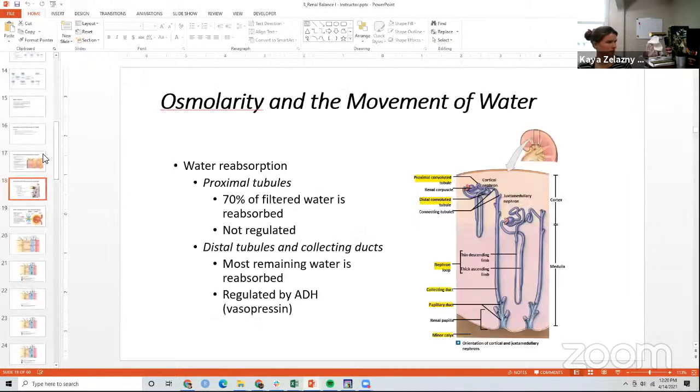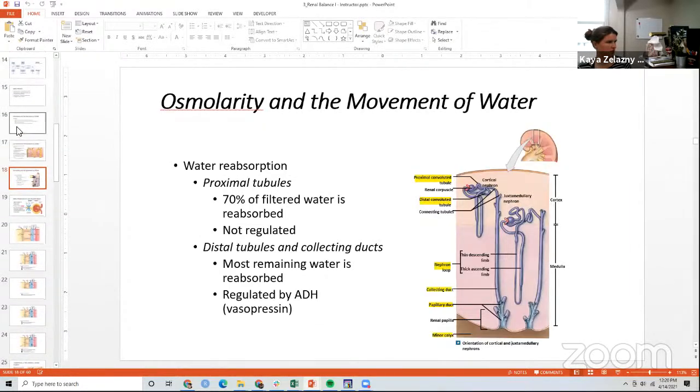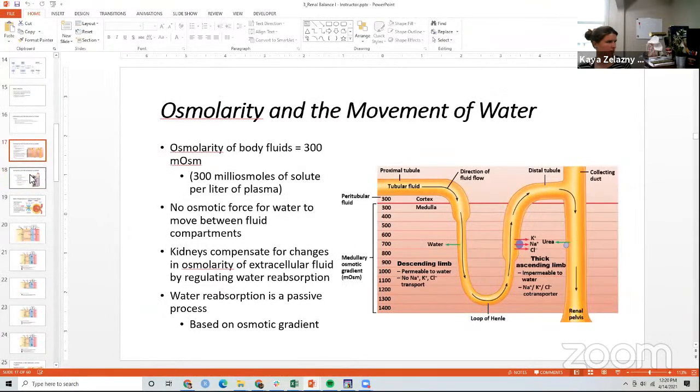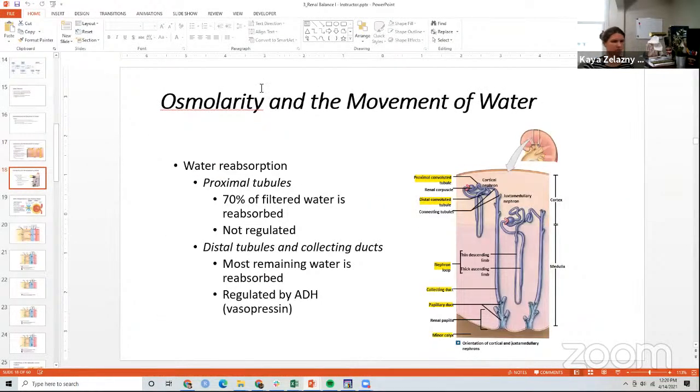Okay, so fundamentally, when we're thinking about the medullary osmotic gradient, we're noting that in our nephron, we have basically two points at which we're going to dip down into the medulla. We have the loop of Henle.